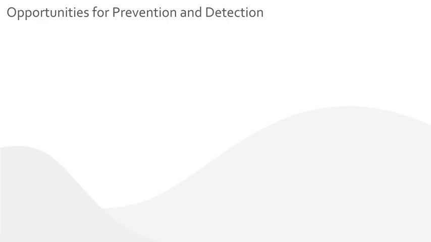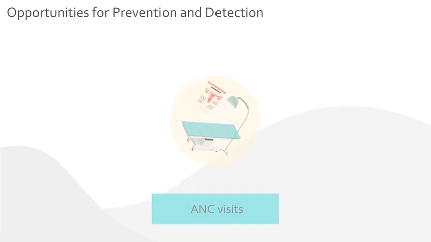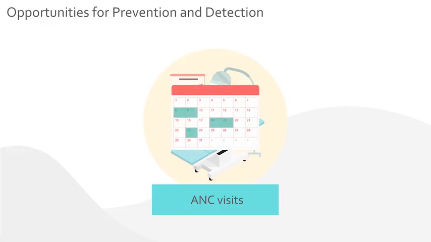In terms of prevention and detection, women should be encouraged to attend ANC clinics early in pregnancy to maximize opportunities to prevent and detect STIs. WHO provides guidelines for high-quality, respectful ANC services, as well as tools for identifying women who need additional care.